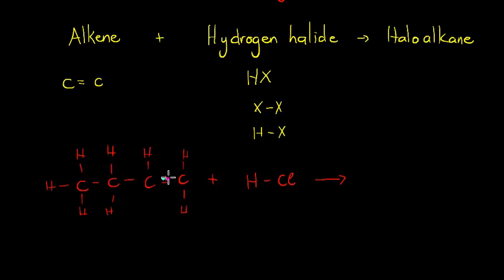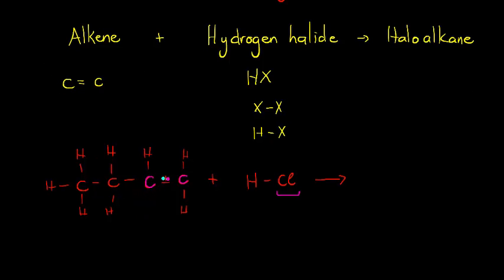In other words, will the hydrogen attach to the second carbon or to the first carbon? Or actually, probably our curiosity is more about where the chlorine will go, the first carbon or the second carbon.